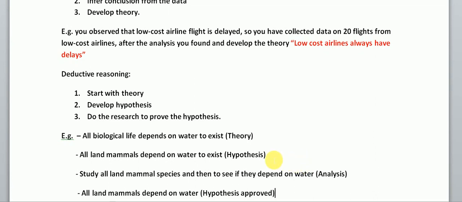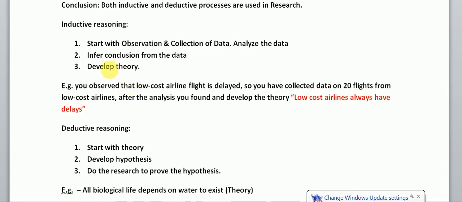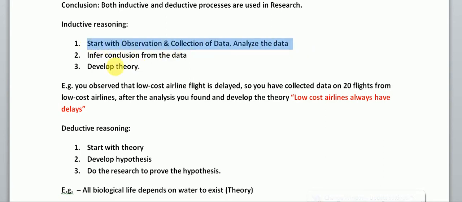Dear students, let me conclude it. We have deductive reasoning and we have inductive reasoning. In inductive reasoning, we start with something specific and then we conclude about something general, and it means we develop a theory, right?